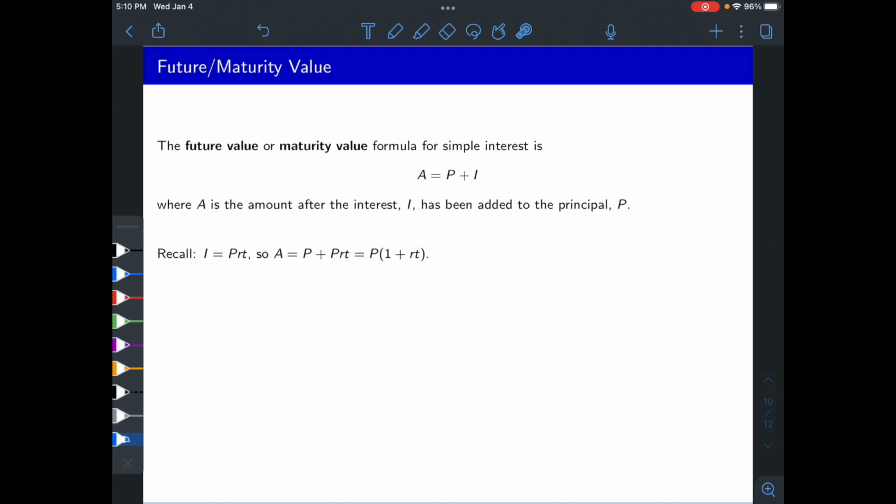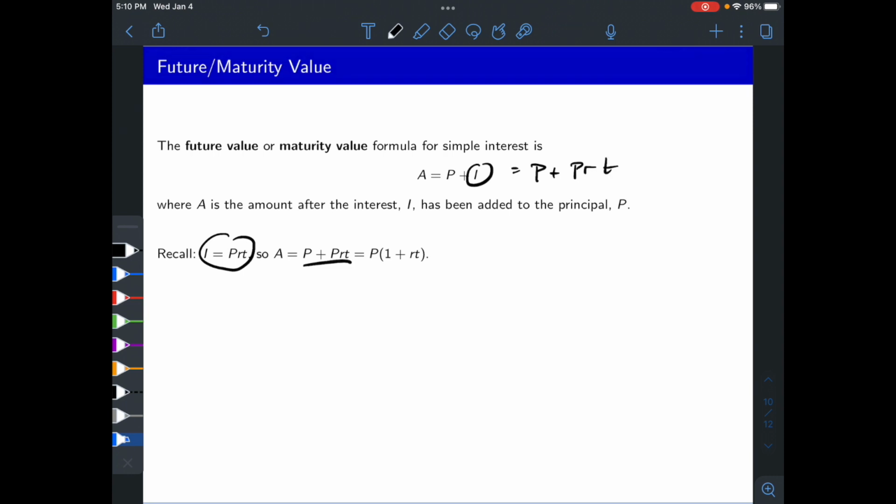Okay, something to note here. The interest is equal to PRT, right? So if I were to take this formula right here and replace I with PRT, this would be P plus not I, but P plus PRT, as I have right here.